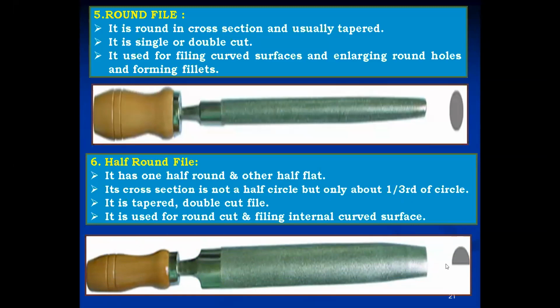See here, it is not a full circle, half circle, 1/3 of a circle. It is tapered. See here, it is a taper and a double cut file. It's a double cut, two rows of teeth are there.